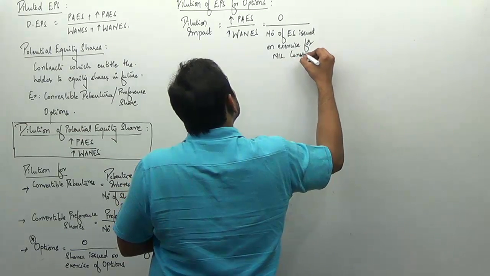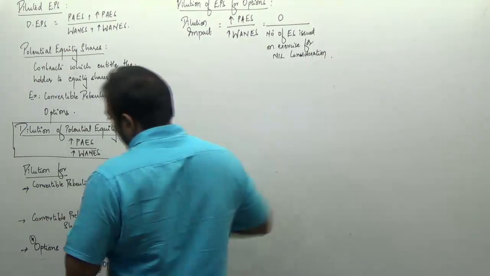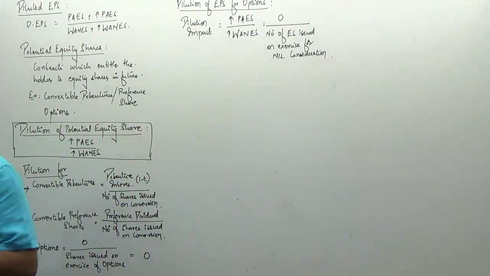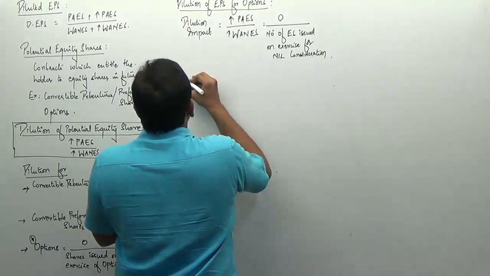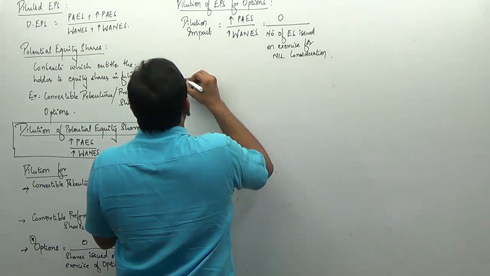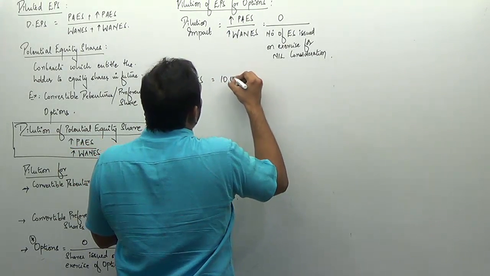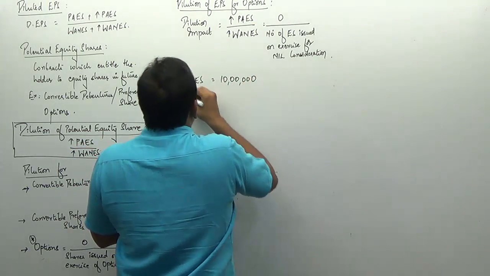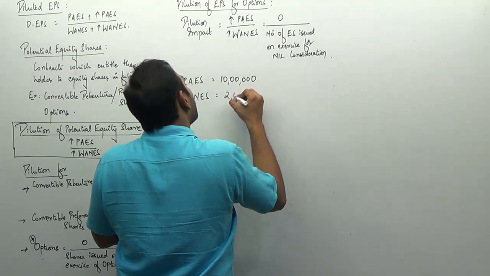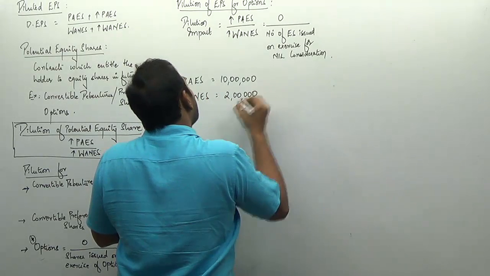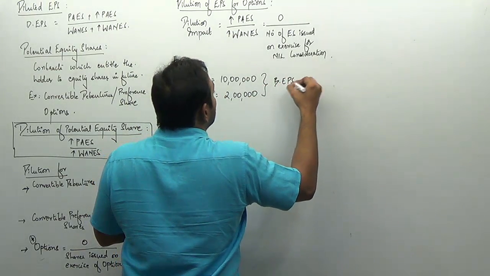Now, what is this nil consideration that we have to talk about? Pretty simple. Let's say my profits available to equity shareholder is 10 lakhs and my weighted average number of equity shares is 2 lakhs. Using these two pieces of information, I'll say that the basic EPS is basically 5.